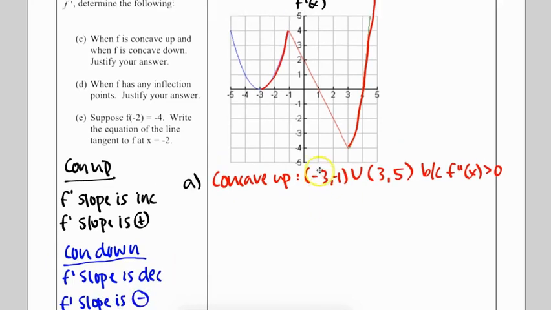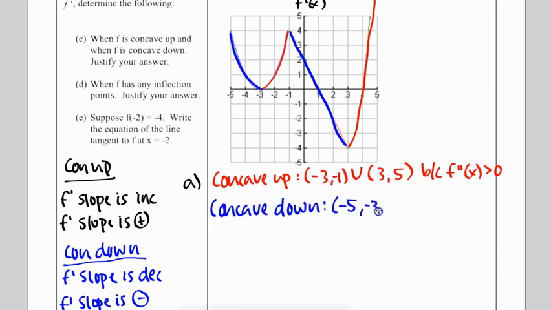So, okay, looking at our intervals where we have negative slope, we got negative slope from -5 to -3, and from -1 to 3. And justifying it, that's because that's where f double prime is less than 0.